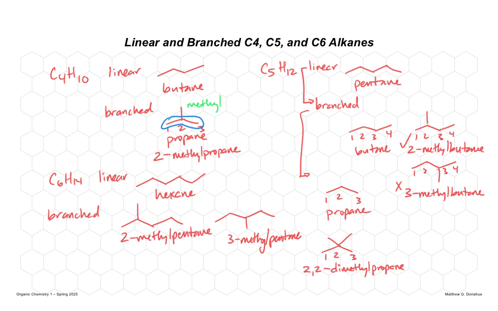So now let's get into the branched ones that are 4 carbons long. Yeah, so 2,2-dimethylbutane.